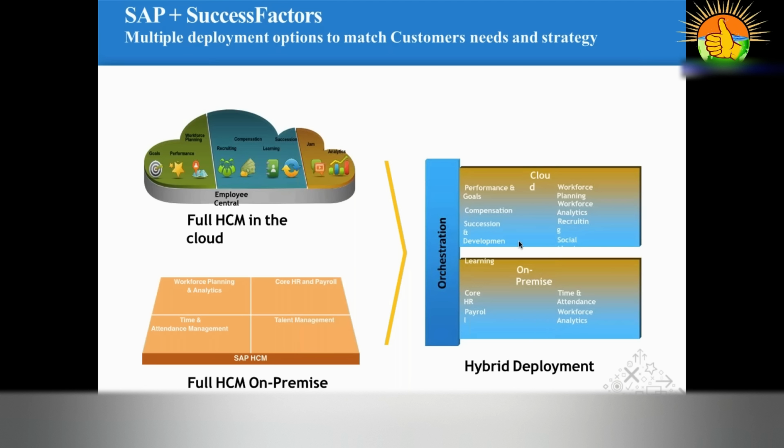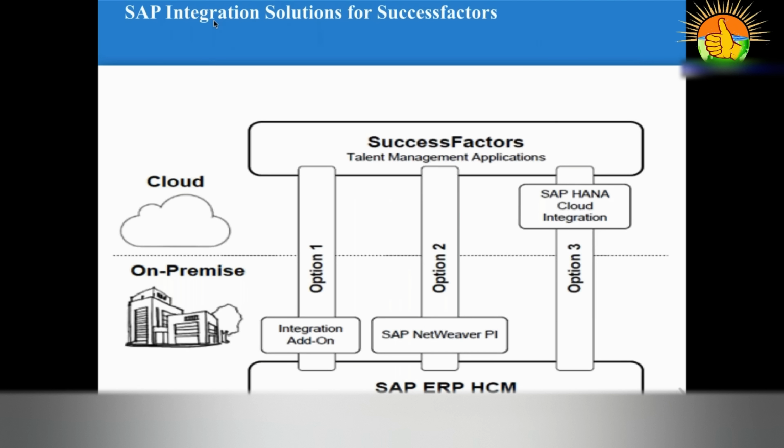So how are these two systems going to communicate with each other before sending the final outcome? That is what is called integration. So these two systems, that is SuccessFactors and the other system, will communicate with each other by means of integration. There will be separate integration consultants who will take care of integrating SuccessFactors to another traditional ERP, whichever the company wants to use.